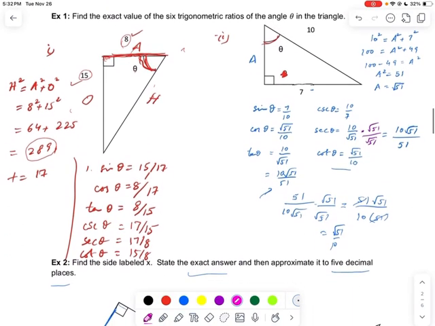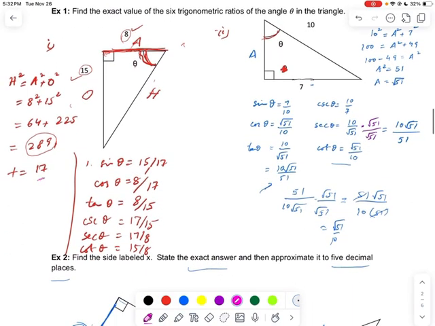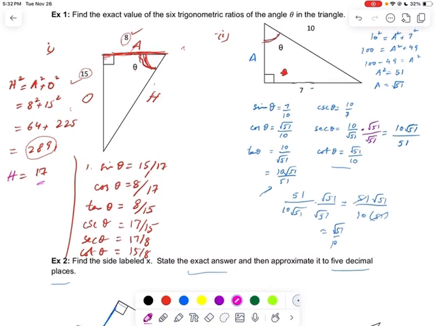The first example says, find the exact value of the 6 trigonometric ratios of the angle theta in the triangle. Here we are given some information. This is the angle theta over here.